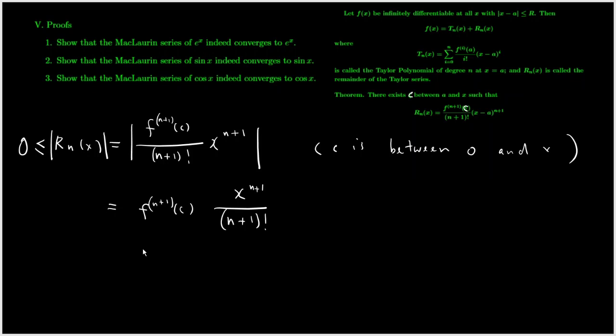Taking the absolute value, so you have the absolute value of that, and then times the absolute value of that quotient.